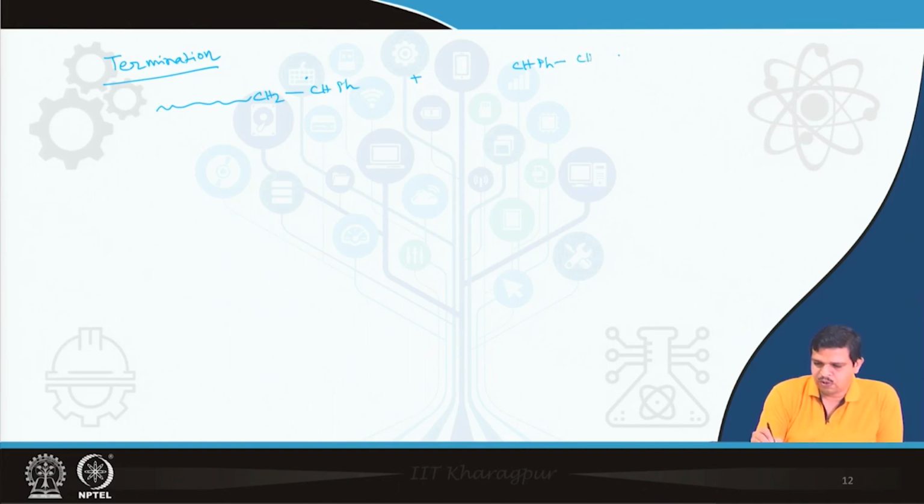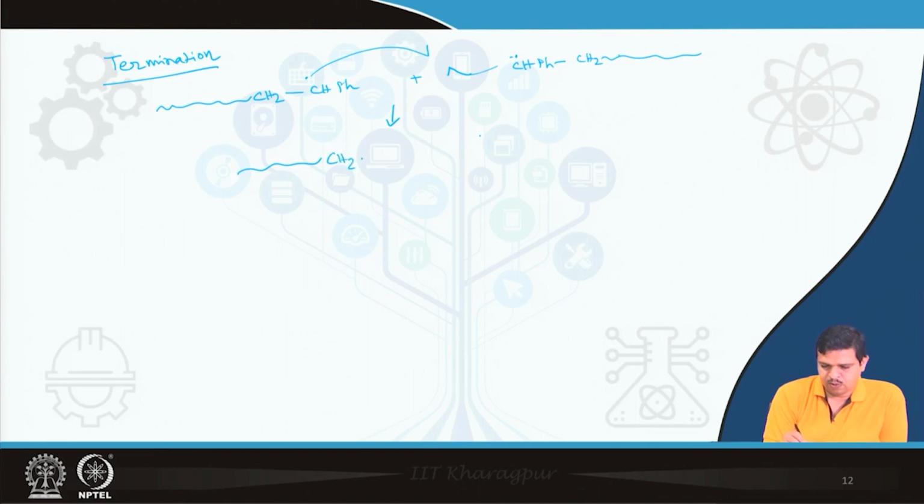So, this one can now react with this one, okay, and eventually you will get this. So, basically this is one termination: coupling of the two radicals, and you will get a polymer with just double the molecular weight. Okay. So, that is one way of combination.